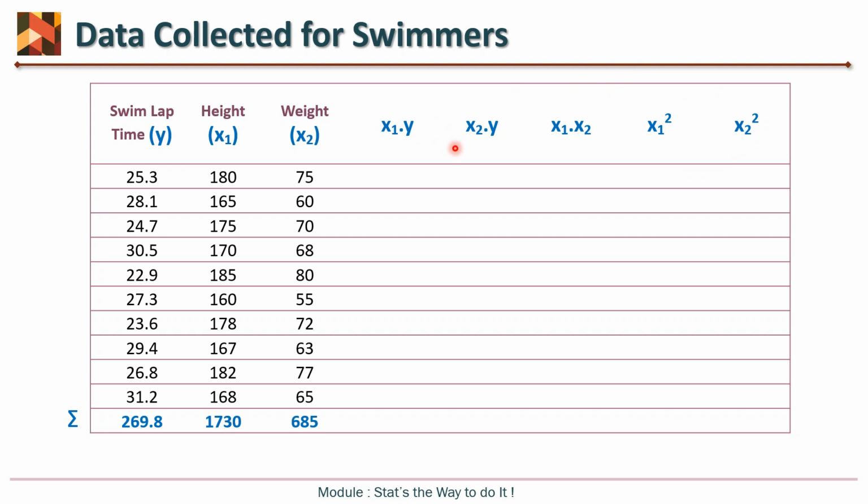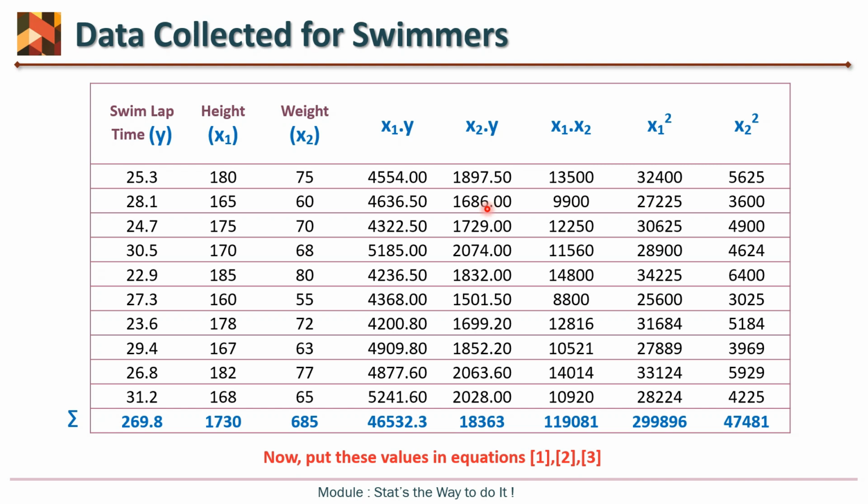And how will we fill the values in the table? x1y will be a simple multiplication of x1 into y. Then x2y will be a simple multiplication of x2 into y. x1 x2 is the multiplication of x1 and x2. Then x1 square, that is height square, and x2 square, that is weight square. In this way we will fill this table with all the values.